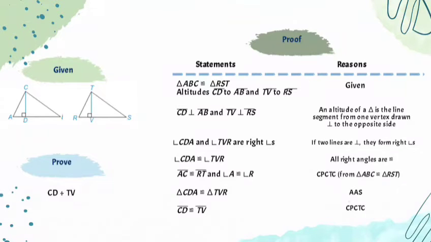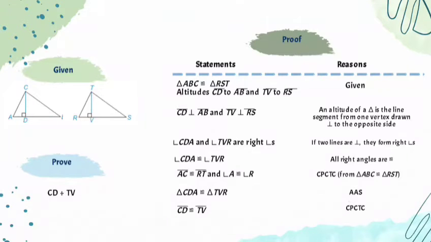Now, the first statement: triangle ABC is congruent to triangle RST, with altitudes segment CD to segment AB and segment TV to segment RS. The reason is given. The second statement: segment CD is perpendicular to segment AB, and segment TV is perpendicular to segment RS.